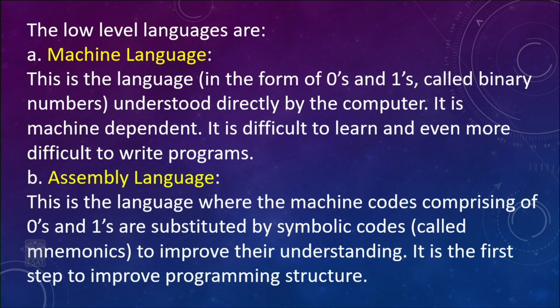So, the low level language means a machine language. This is the language in the form of zeros and ones, means 0 and 1 are called binary digits, binary system, because the computer can understand only the binary language, means understood directly by the computer. It is machine dependent. It is difficult to learn and even more difficult to write a program.